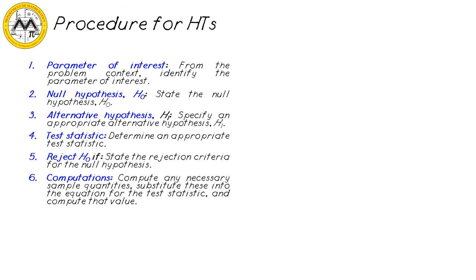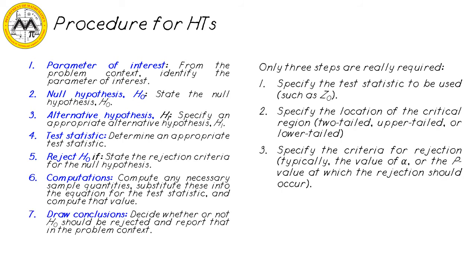The null hypothesis is a statement of equality, so you contradict it by an inequality, and that would be your alternative hypothesis. You compute the test statistic, state the rejection criteria for the null hypothesis, and compute. After that, you draw a conclusion. But basically, you just need to specify the test statistic, whether it is a right tail or lower tail, and then the critical region for the rejection.